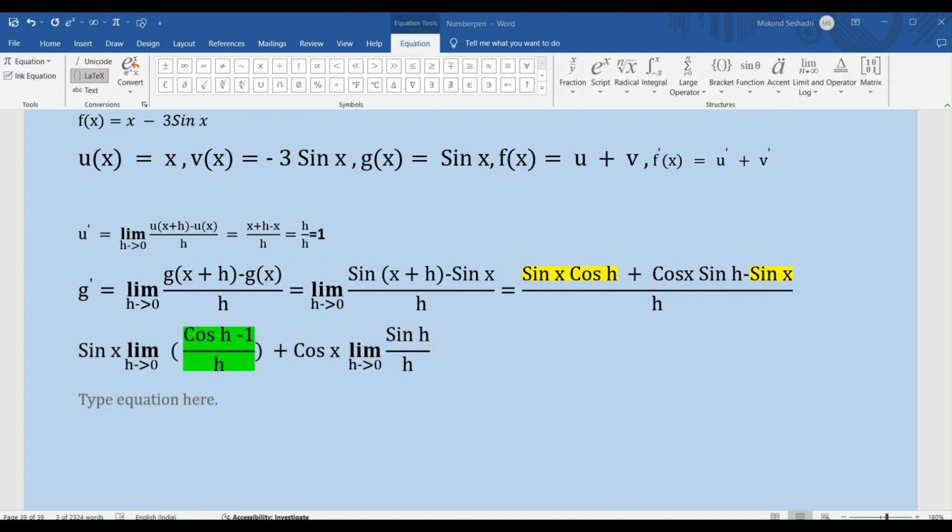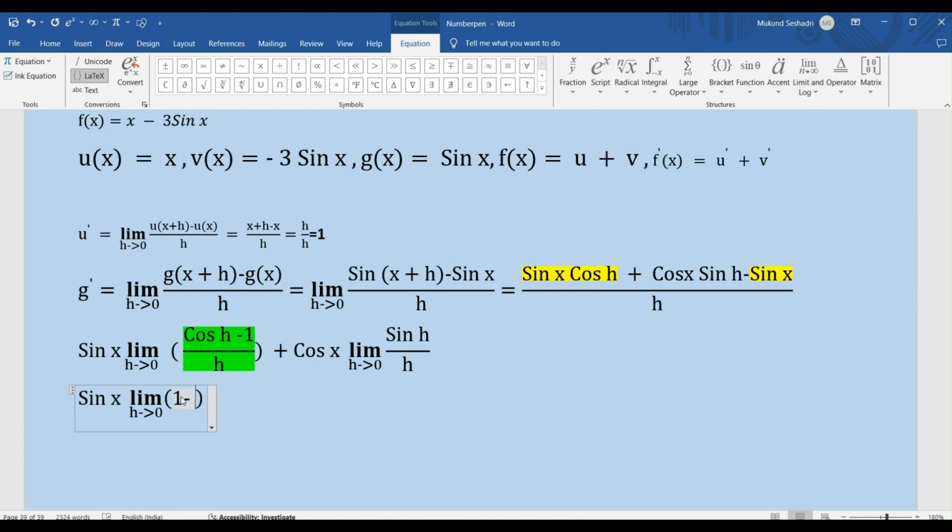So what is my cos h minus 1? My cos 2a is 1 minus 2 sine square a, right? So what is my cos h? My cos h is 1 minus 2 sine square h by 2.